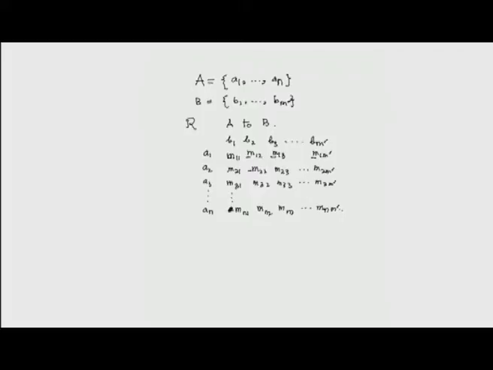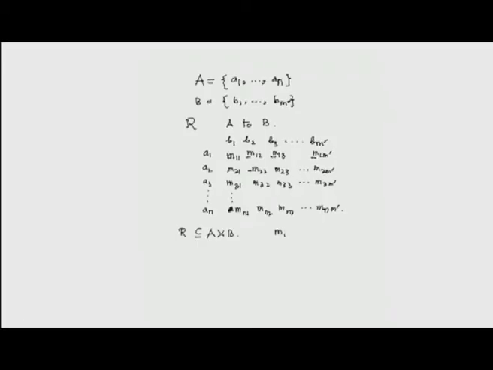Now, as we have already studied, a relation is nothing but a subset of the Cartesian product of A and B. Therefore, if a pair Ai Bj belongs to the relation, we will put 1 in the corresponding Mij, and if it does not belong to the relation, then we will put 0.